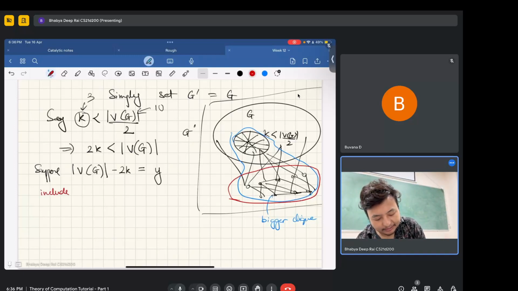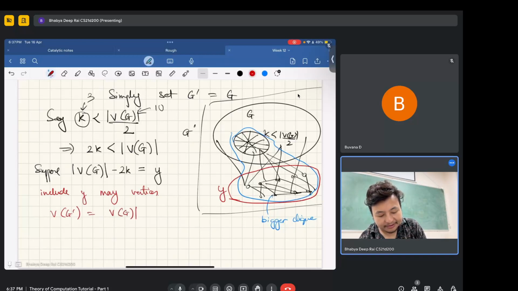Include Y many vertices. Okay, so this is Y. Y many vertices. And so what is the number of vertices in the new graph? It is the original size of the graph plus Y.